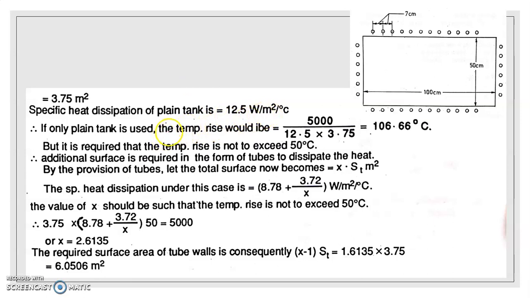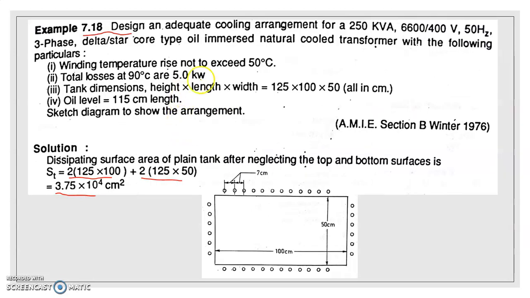First of all, we have to calculate the temperature rise of the transformer without the provision of cooling tubes. That is the first step, because if the temperature rise does not exceed 50 degrees Celsius, as given in the problem, then there is no need to provide cooling tubes.